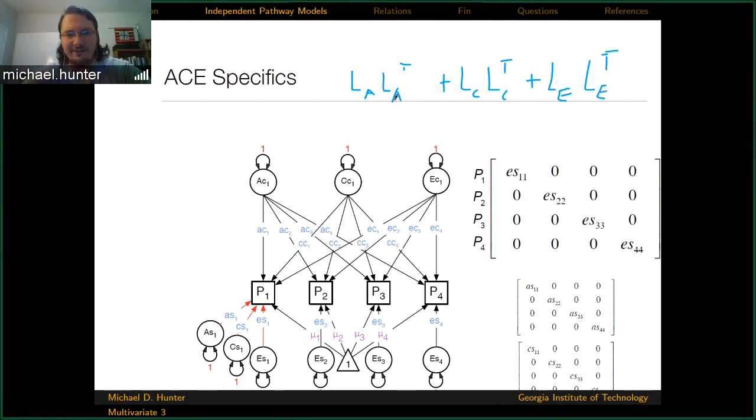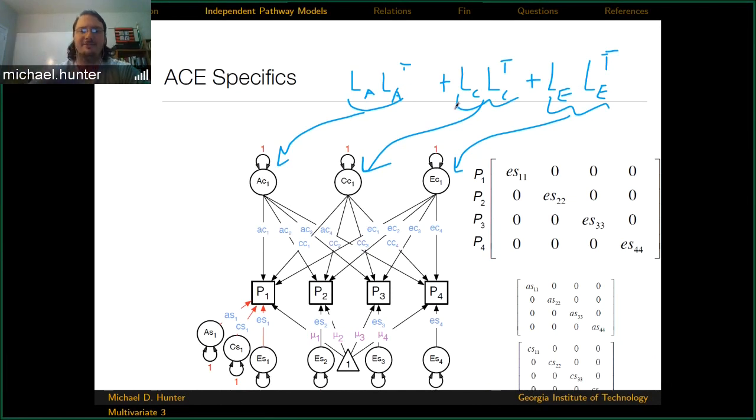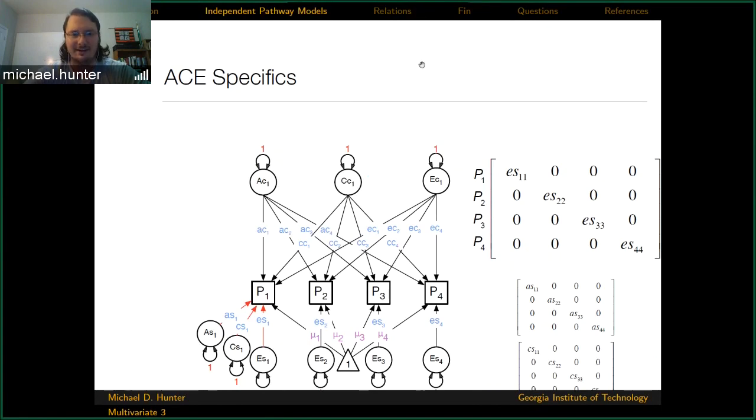You've got essentially one factor model for A and C and E, and you can see how it grows in this way. So these basically specify the three factors that we have going into the same model. This component here goes into the A, this component here is what is driving the C, and this component here is what's driving the E component. In addition to those common bits, you get to add this residual component that again goes with each of those A, C, and E factors. So if we see that next.